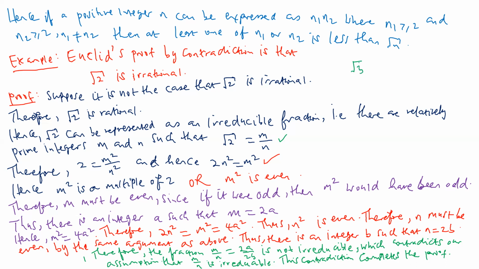Square root of 3, square root of 5, square root of 7: all these are irrational, and the proof is similar. The proof of all this is done like this. So that one is not a problem.